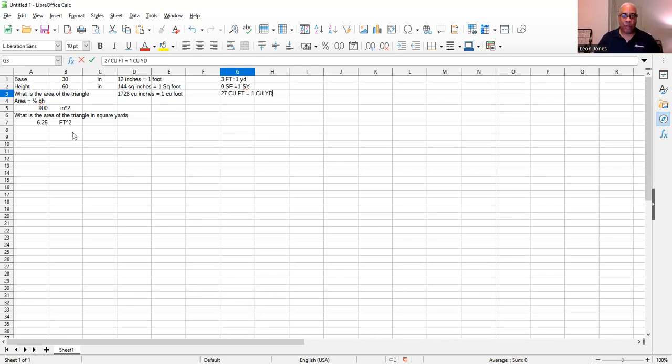So, with everything written up there as far as the conversion factors are concerned, to convert 6.25 square feet into square yards, it's going to be simple.